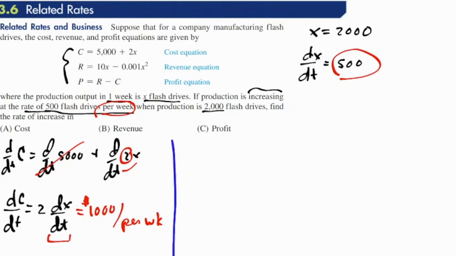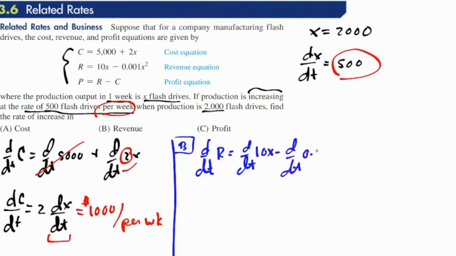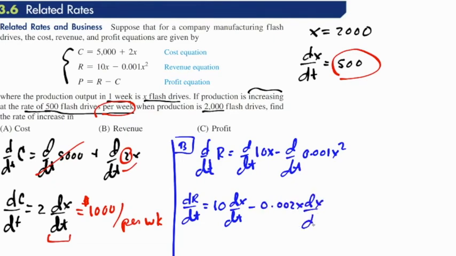So let's do this for part B. We want to find the derivative of R, d/dt of R is equal to d/dt of 10x minus d/dt of 0.001x squared. This gives us dR/dt equals 10 dx/dt minus 0.002x dx/dt.